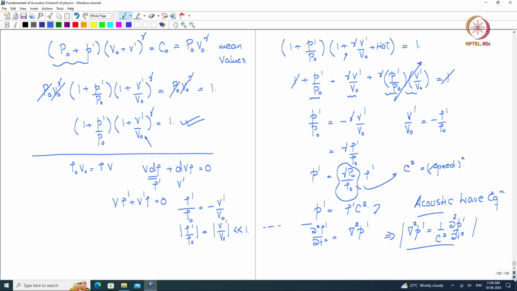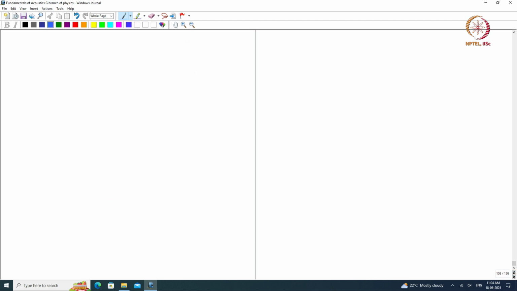So, now for a general gas which deviates from ideality, so if the gas is non-ideal, we will take the hint from the fact that P dash and rho dash are directly related.